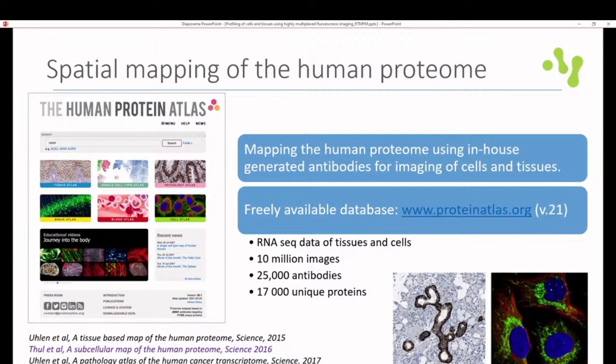Besides all of the images, which are more than 10 million by now, there is also lots of RNA sequencing data, both from bulk samples but also at single cell level. The content of the Protein Atlas has really grown over the years. Now we have, I think, as many as 6 sub-atlases where all of this information is collected into various sections to make it more user-friendly.